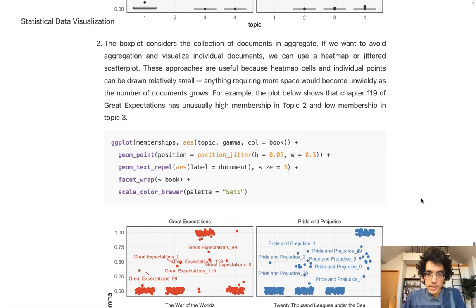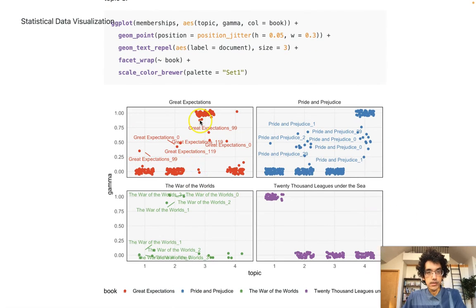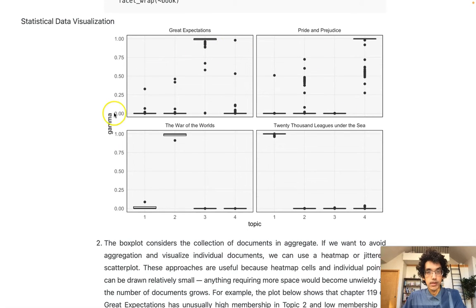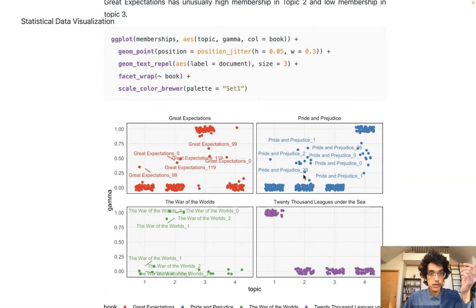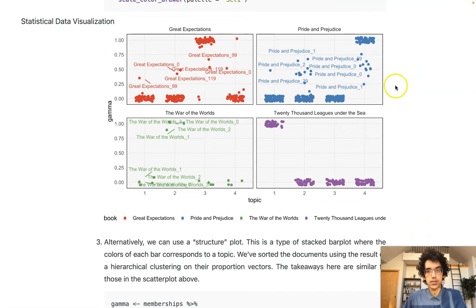This is exactly the same plot as the previous one, except I'm showing each paragraph as one point, and I've labeled the outliers using geom text repel. You're able to now see there might be something interesting going on in these paragraphs because they're not purely belonging to that one topic. They might be mixing somehow between the different topics.